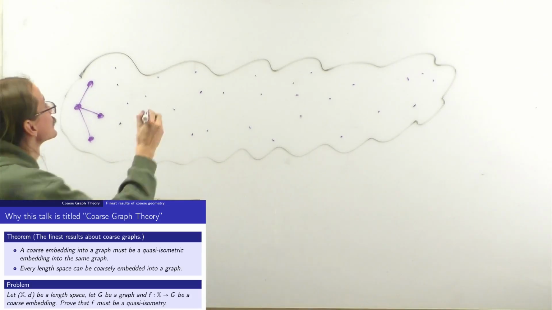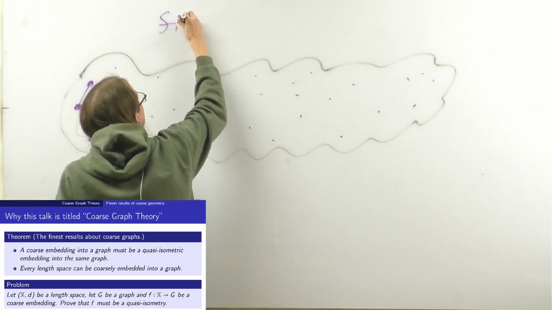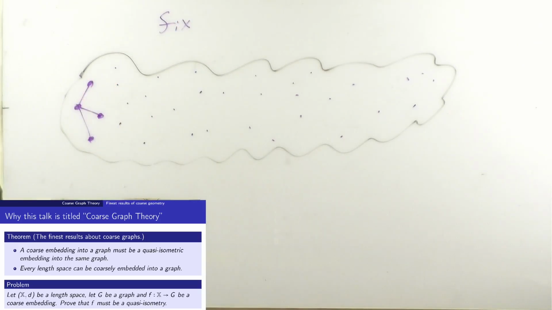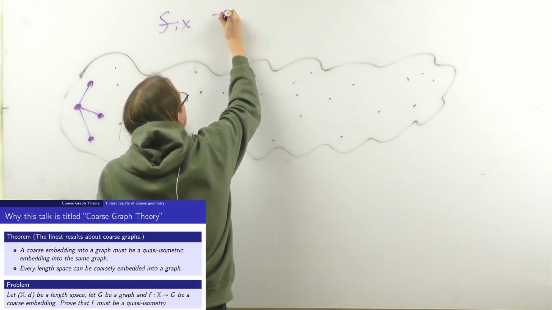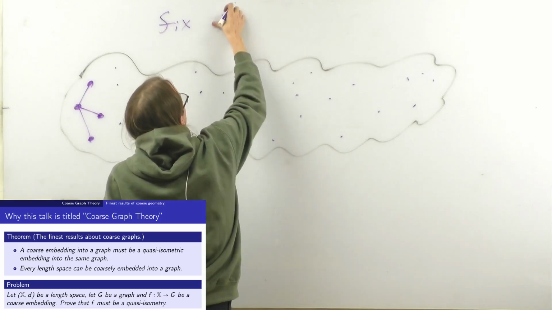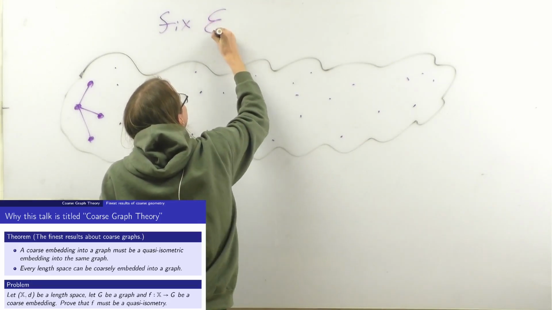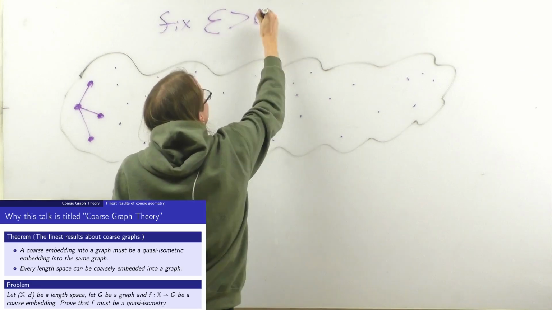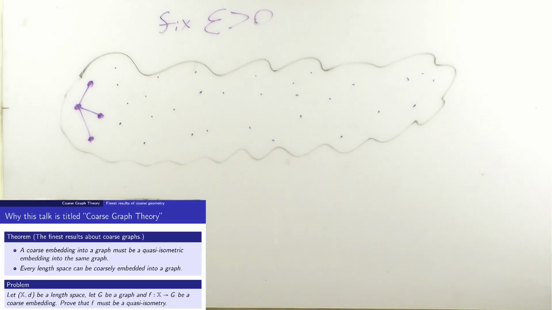So let's fix epsilon. That's 3, not epsilon. We could also use 3. 3 is a perfectly valid choice for epsilon.